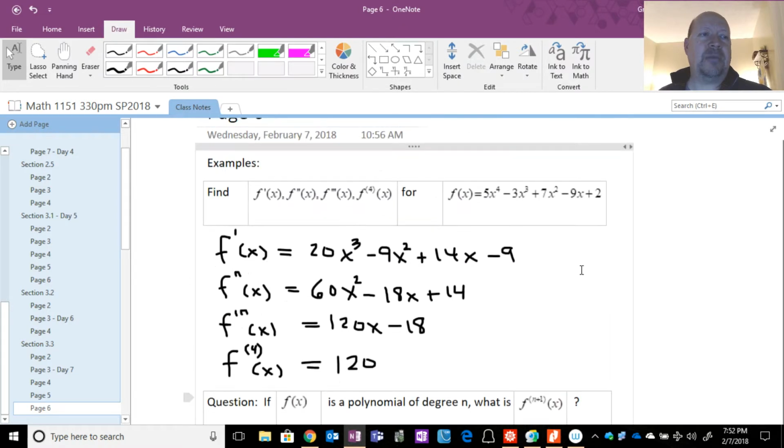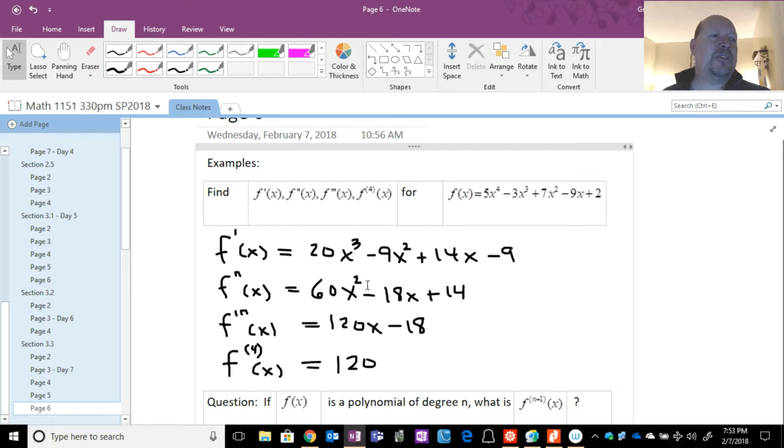Well, take a look back at the case that we just did. What degree is this polynomial? Well, it's a 4th degree. And each time we took the derivative, notice that the degree of the polynomial was decreasing. So when we took a 4th degree polynomial, when we first took the first derivative, it took it down to the 3rd degree because we have 20x cubed.